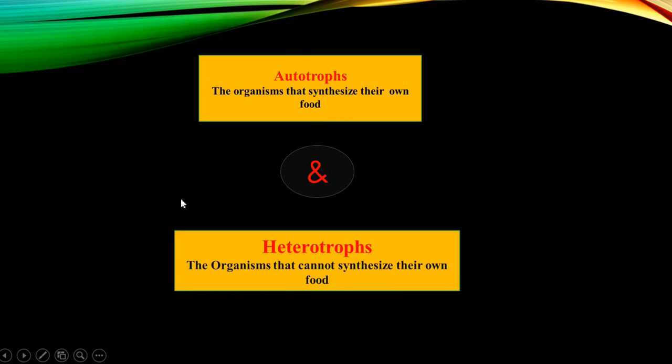Next, we studied autotrophs and heterotrophs. Autotrophs are the organisms that can synthesize their own food, for example, green plants and some bacteria, while heterotrophs are organisms that cannot synthesize their own food, like animals and fungi.